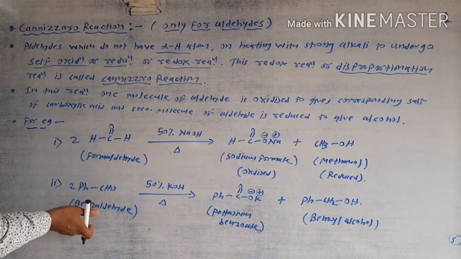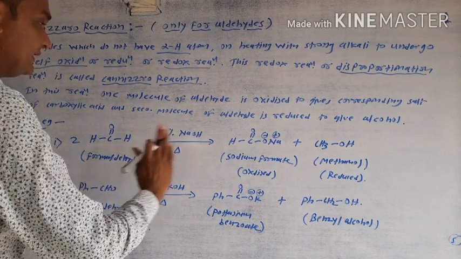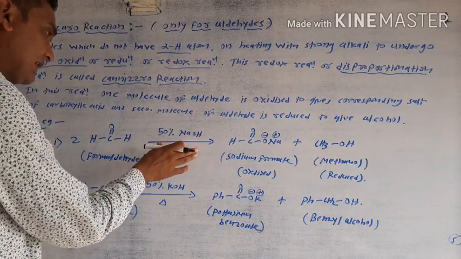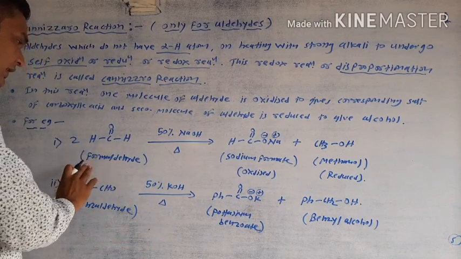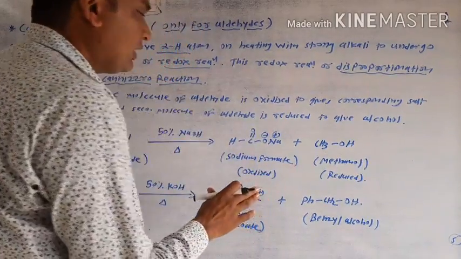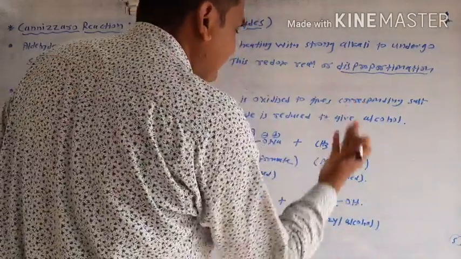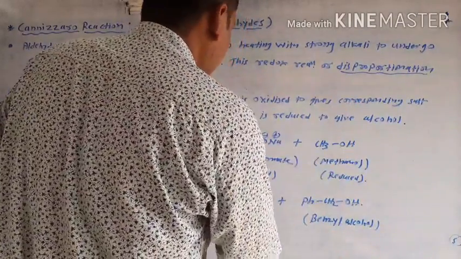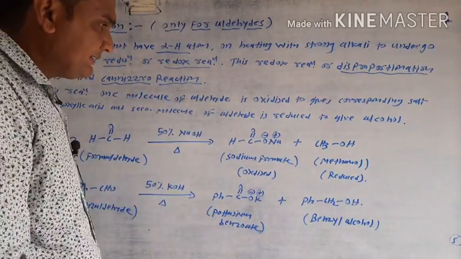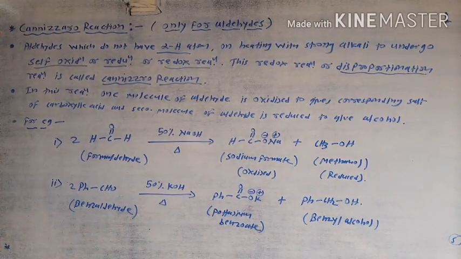In this way they easily react with a strong alkali like KOH or NaOH, and one molecule of the aldehyde is oxidized to give the corresponding salt of carboxylic acid, and another molecule is reduced to give the corresponding alcohol. This overall reaction is the Cannizzaro reaction.